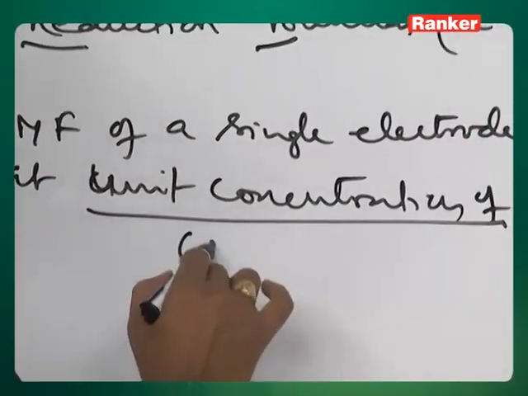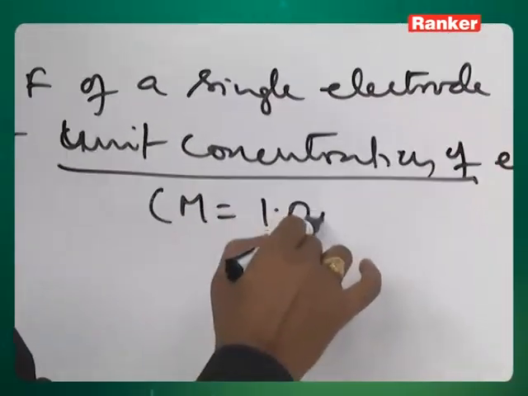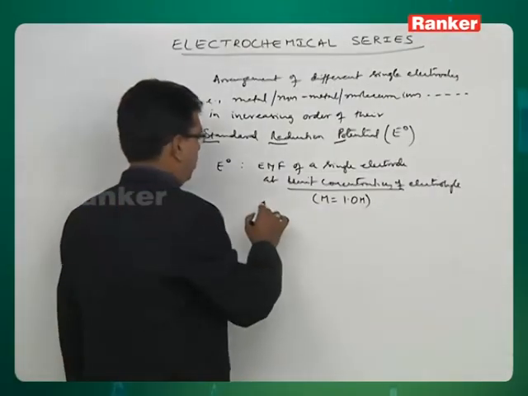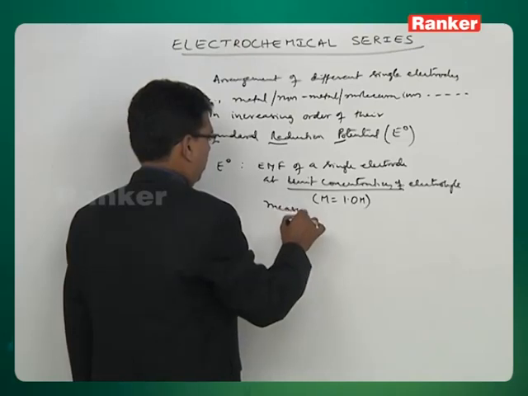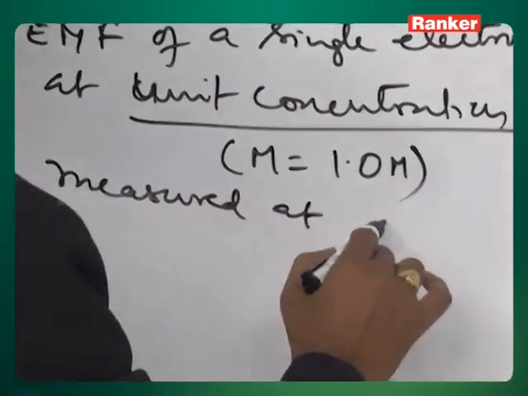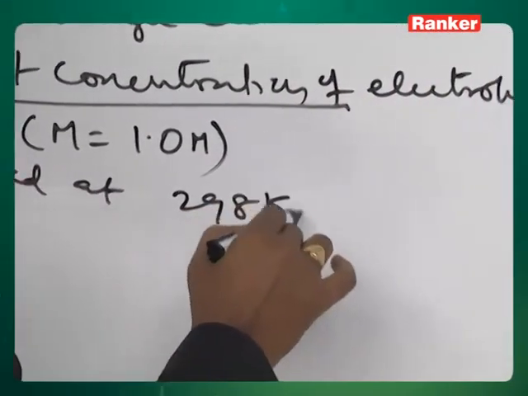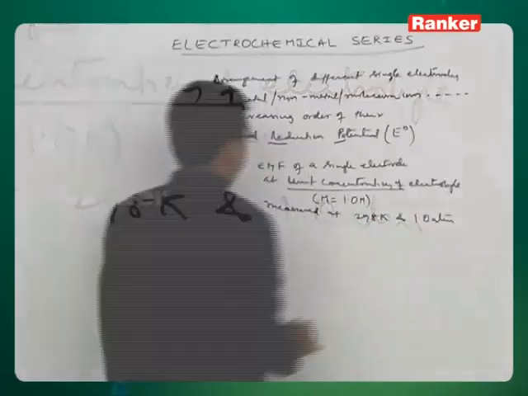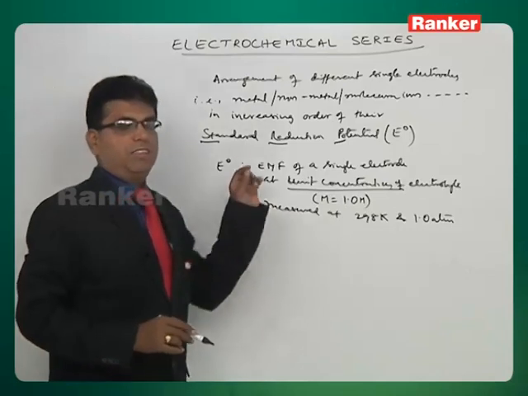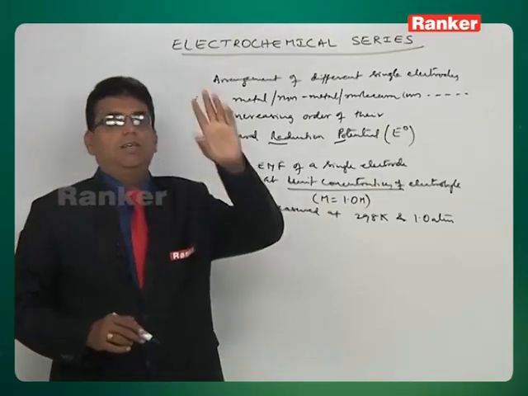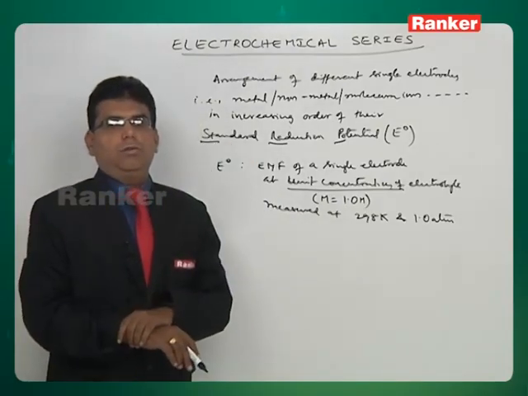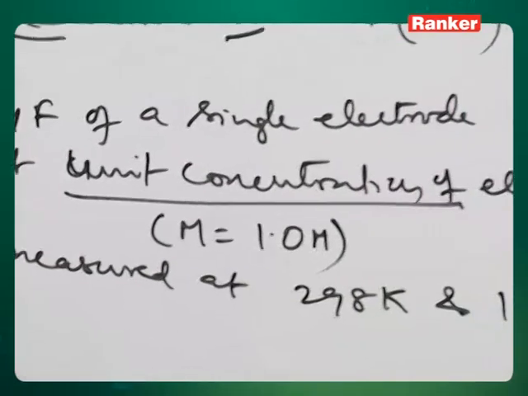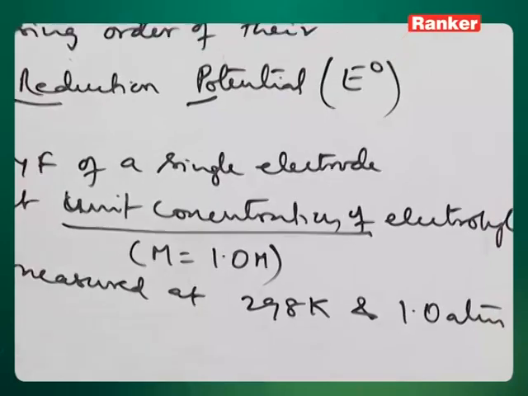Unit concentration means the molarity is 1 molar, measured at 298 Kelvin and 1 atmospheric pressure. The EMF of a single electrode measured at 298 Kelvin and 1 atmospheric pressure by taking unit concentration of electrolyte is what is called E naught.